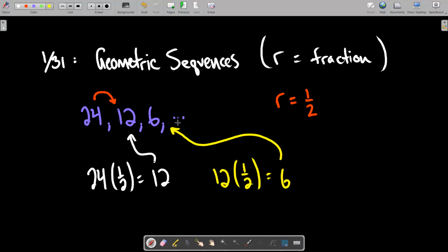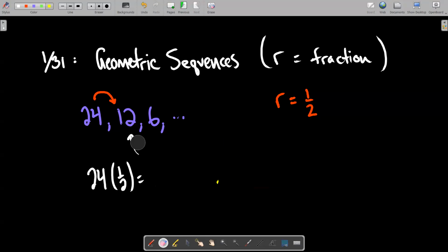Now, as I was explaining to someone a couple different times over the last day and a half or so, if that's not the way your brain works, if you look at 24 and 12 and 6 and you're like, I would never in a million years say to myself that R equals 1/2, the bailout, and I showed this to you yesterday, is to use your calculator. Does anyone remember the calculator method for finding R? You can pick any term in the sequence, just not the first term.